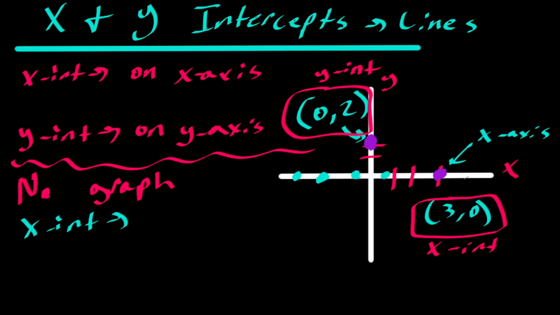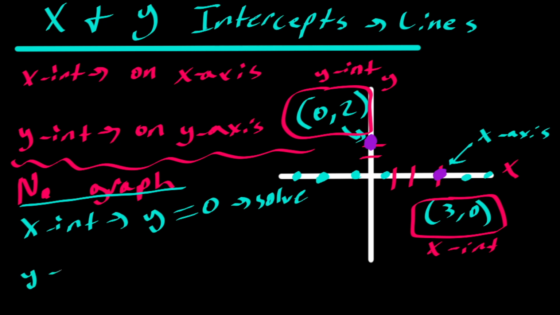It will always be the same y value, and that y value would be 0. So when we find the x-intercept with no graph, we just say the y value is equal to 0, and then we can solve.